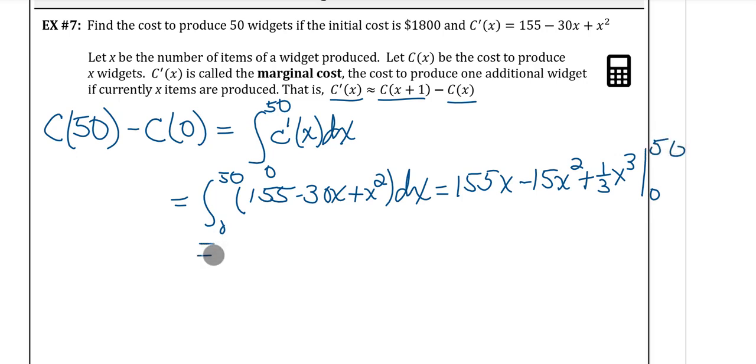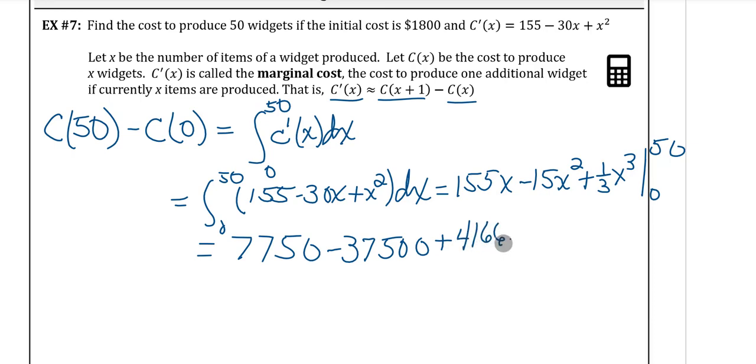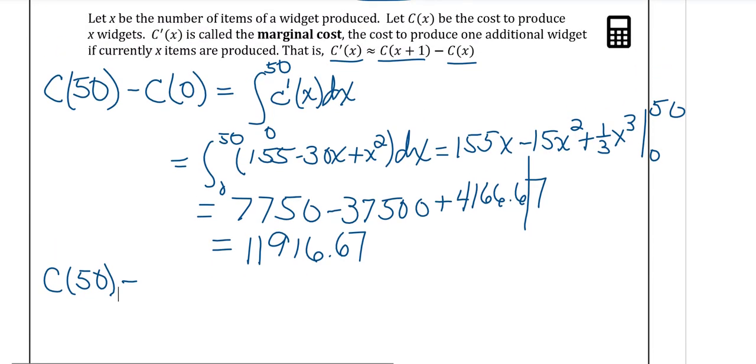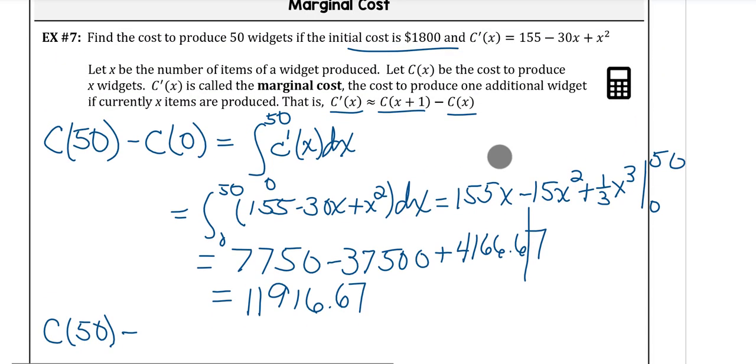So we get 7,750 minus 37,500 plus, and the last number I had to round, 4,166.67, and of course when you substitute 0 in, you get 0. Okay, so our total becomes 11,916.67, and of course we're going to set that equal to C of 50 minus C of 0, and we were given our initial cost was 1,800.